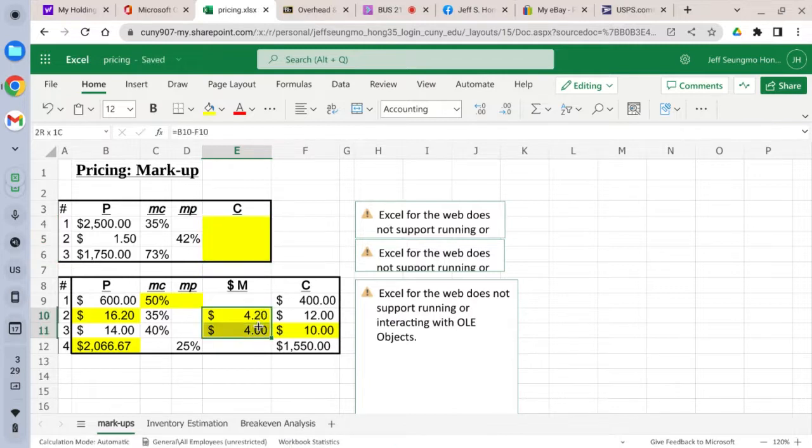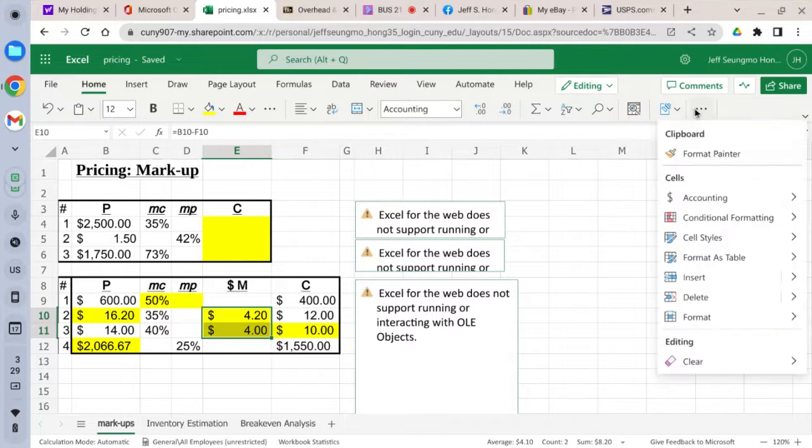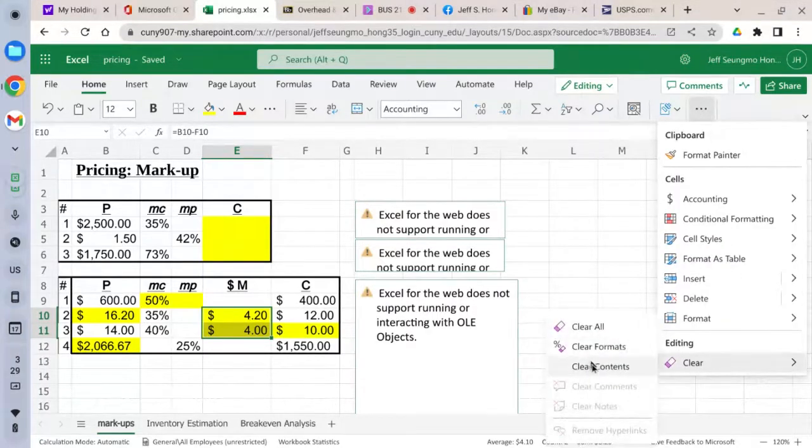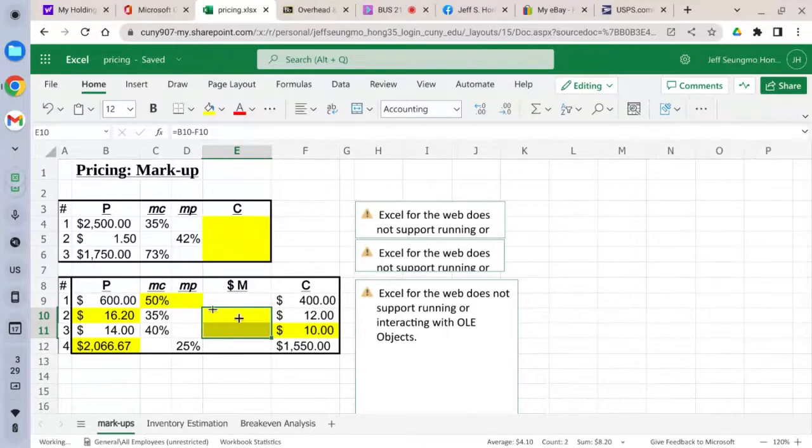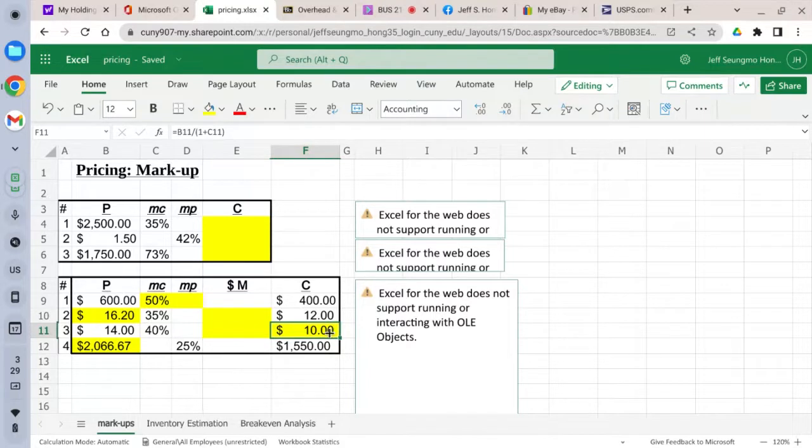Okay. All right. Okay. So I'll get rid of these one by one.